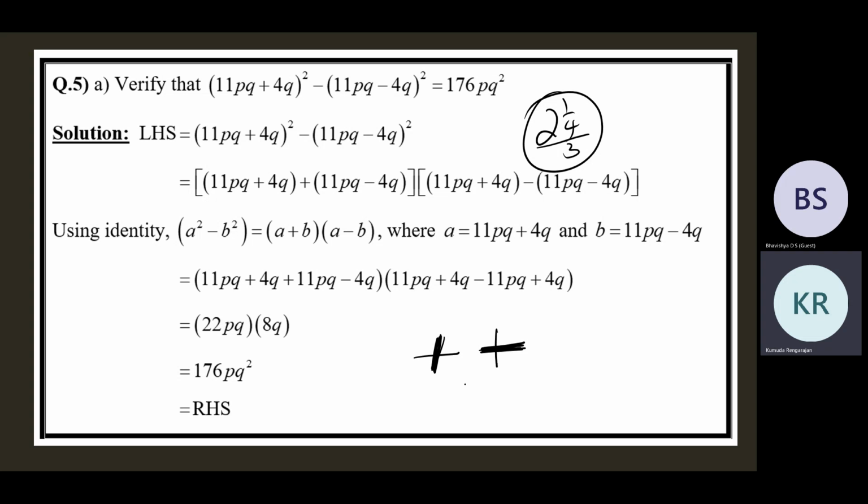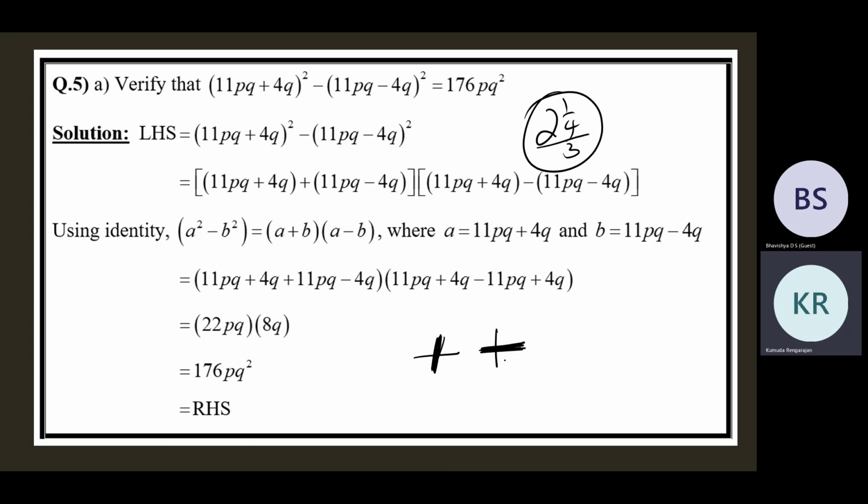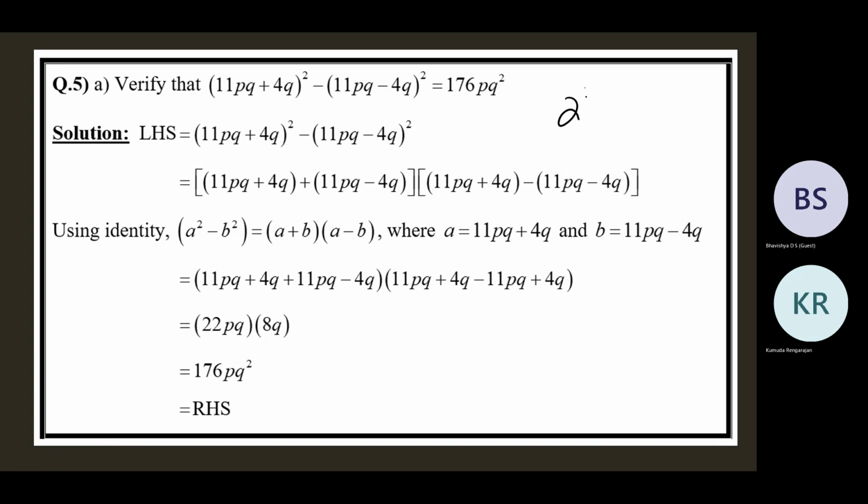So don't do that with plus minus. Okay, ma'am. Yeah, all through your paper you've overwritten this step. You can see here you've just put a line, then you've darkened it like this. So don't do that. So 2 1/4 on 3. Wherever needed, please take a screenshot. All right, Bhavishya?